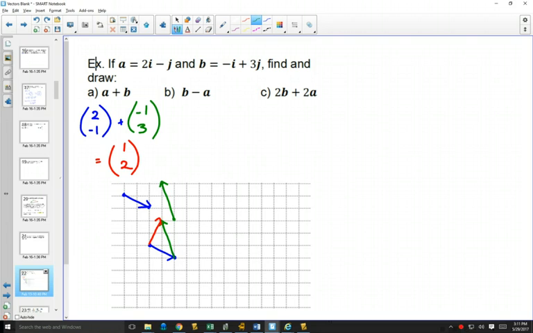When I go to B minus A, it says you're going to take B, negative 1, 3, and subtract A, 2, negative 1. What is that going to look like?